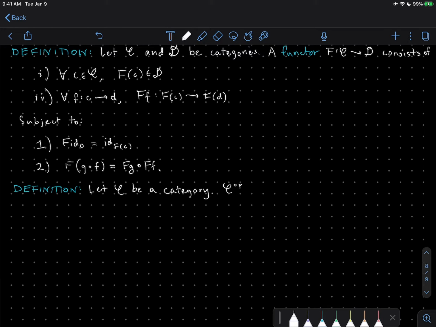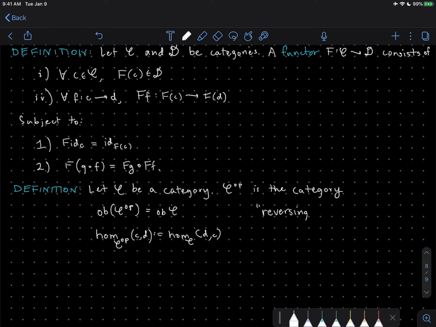C op is the category where objects of C op are objects of C, and the Hom set in C op from little c to little d is equal, by definition, to the Hom set in C from little d to little c. So it's just the category you get by reversing the arrows.